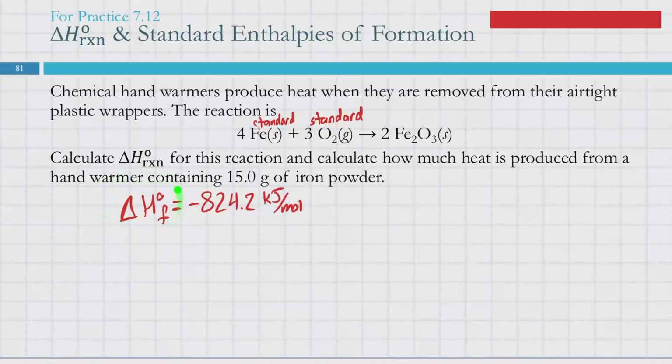What is this delta H with the 0 and the F? What is that describing? It's an amount of heat, right? Because it's got kilojoules. So it's saying that there's some amount of heat released. This is the value for Fe2O3. What's important about this delta H value? What are all standard enthalpy of formation values? The thing that I kept underlining and boxing in.